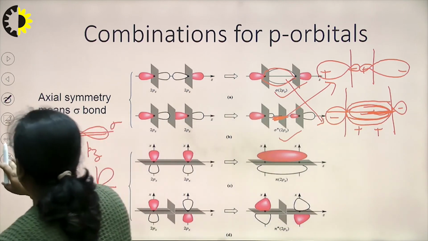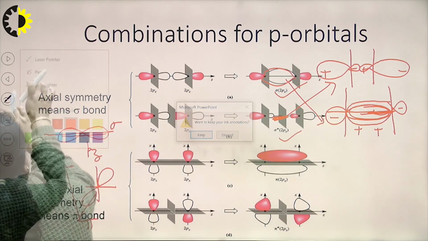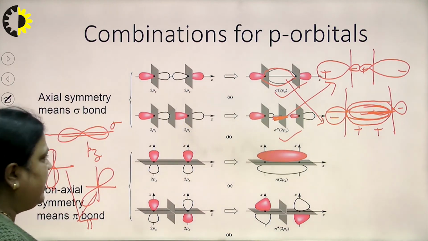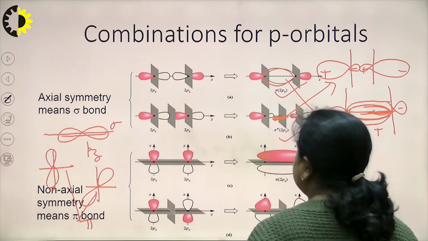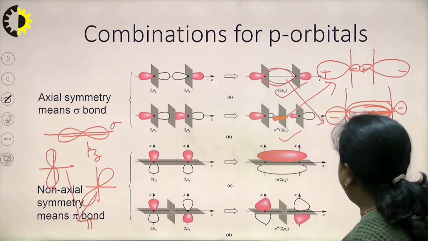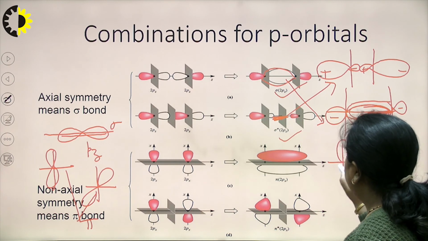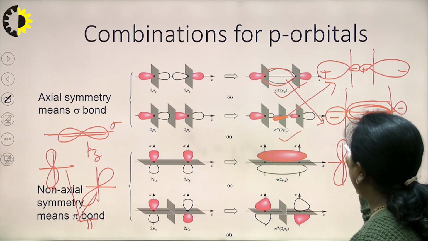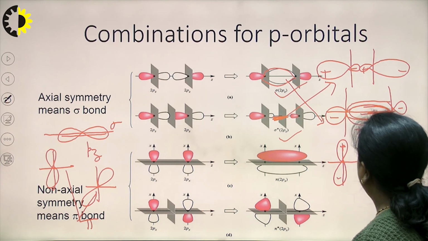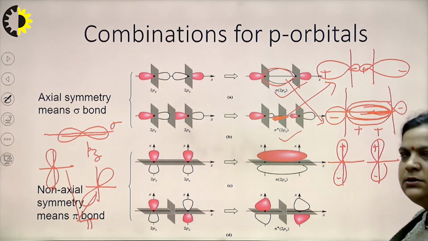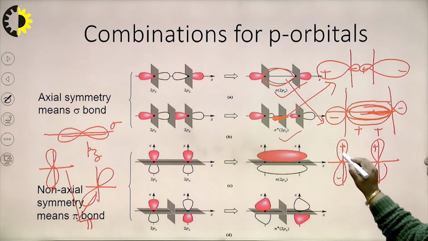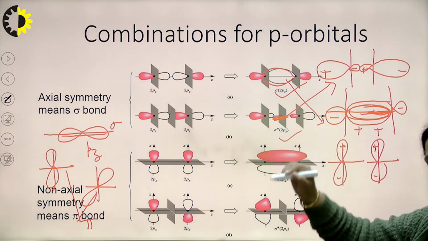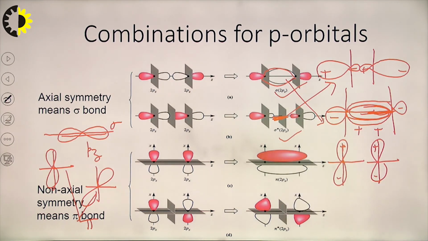Now, Py or Px, which are perpendicular to the internuclear axis, like this and this, we can write plus minus plus minus. When positive overlapping occurs, the electron density above and below gets increased.